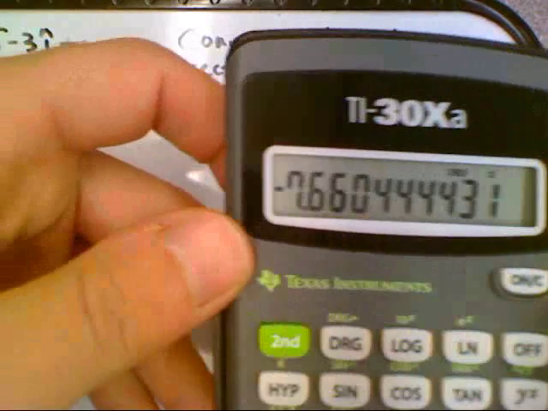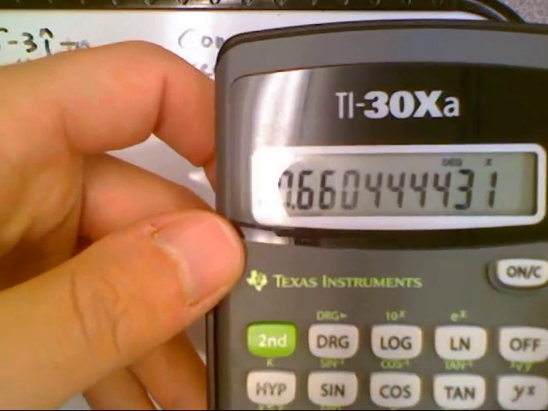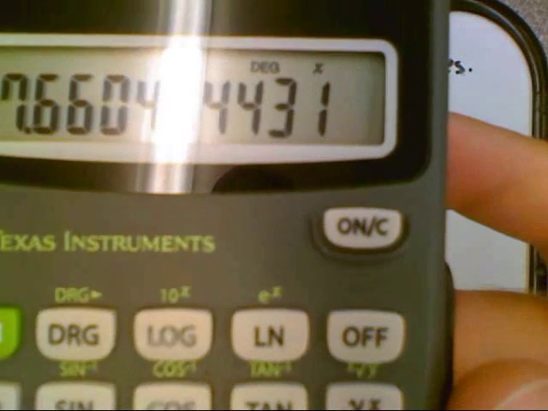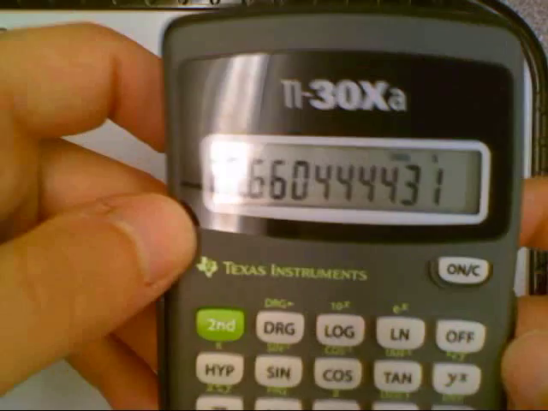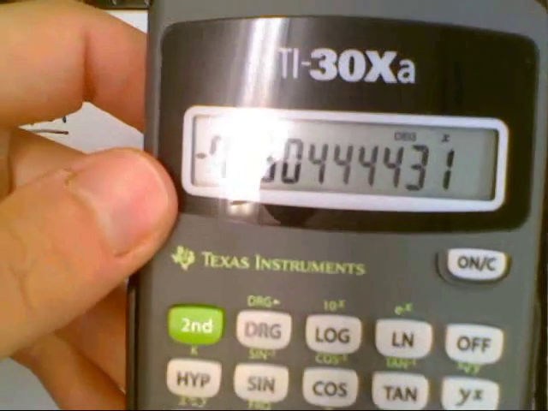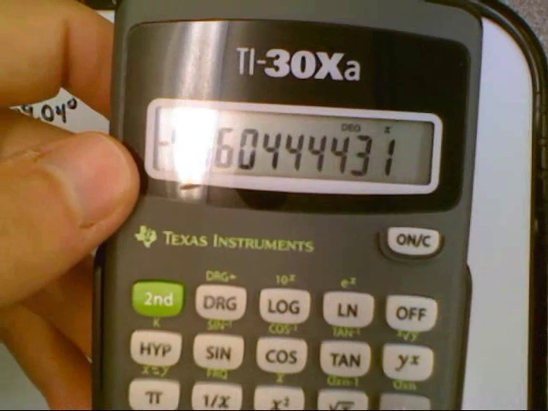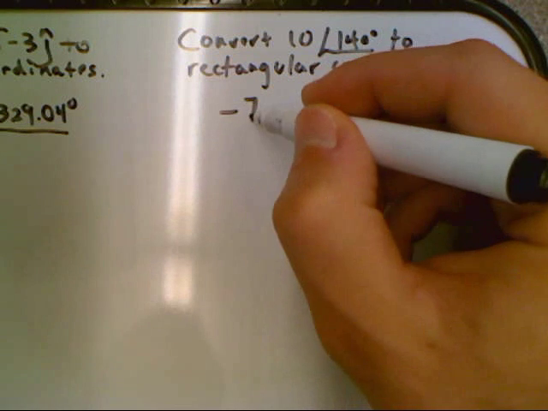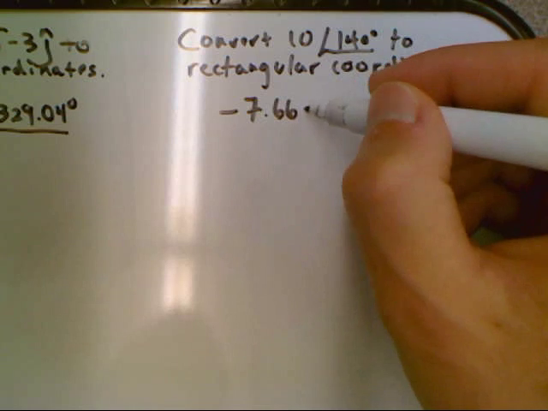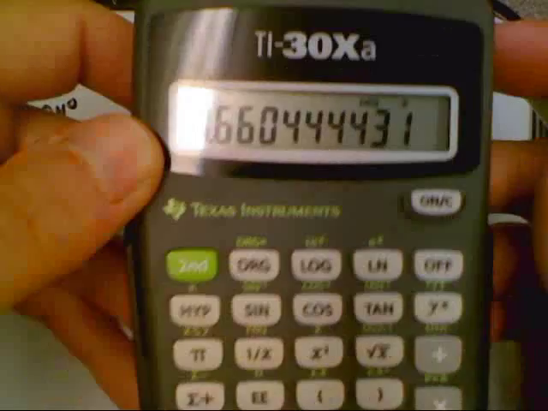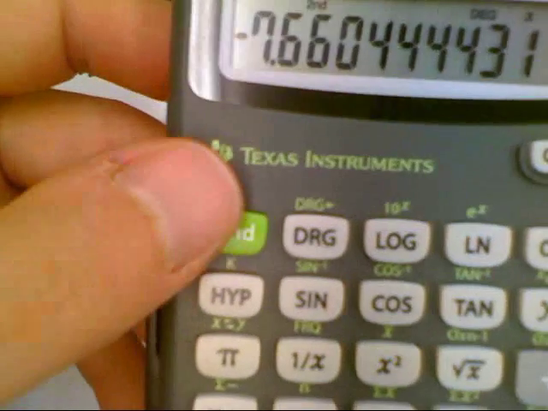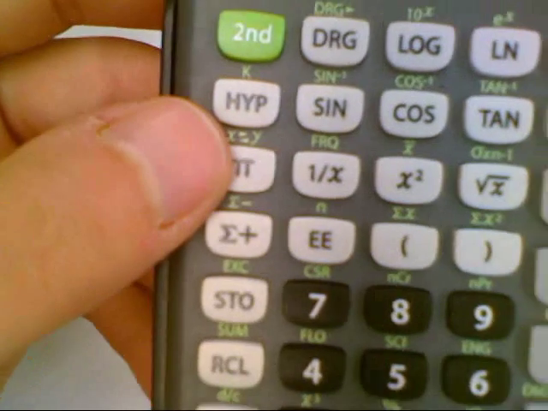That gives you first your X coordinate. Again, you can see X up there in the top right corner. And depending on how you express your rectangular coordinates, the X coordinate over what we would call in here the I coordinate, -7 and 66/100 I. To get your J coordinate, same as with rectangular, we're going to hit second and then the X to Y button.